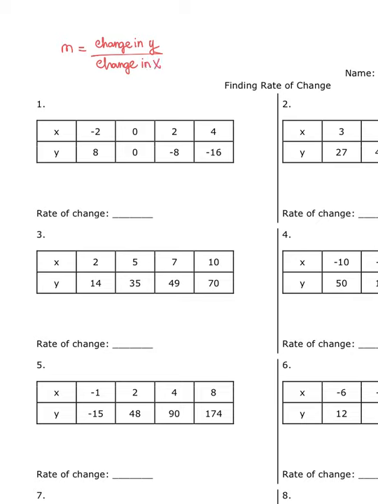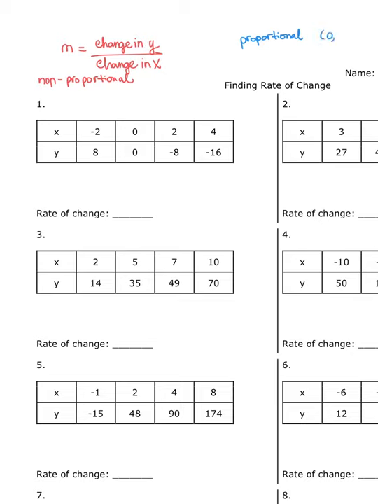If this is non-proportional, m is the change in y over change in x. But if it is proportional, proportional is when the line goes through the origin.